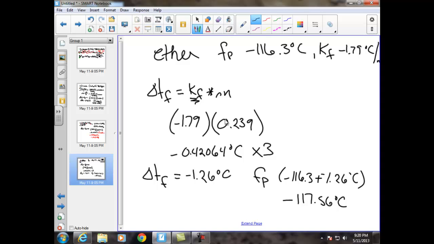Because my starting point in this case isn't 0 anymore. So that is how to do colligative property calculations.